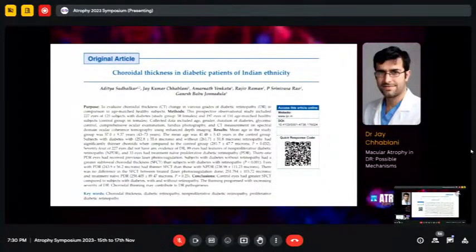Inspired by that work on histology, we looked into our Indian cohort in 2016, and we published this paper in IJO where we showed that in eyes with diabetic retinopathy, there could be a choroidal thinning which can contribute to diabetic retinopathy pathogenesis.